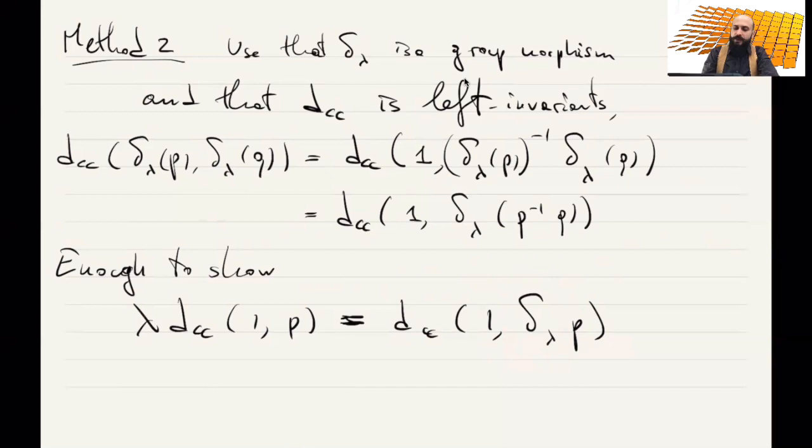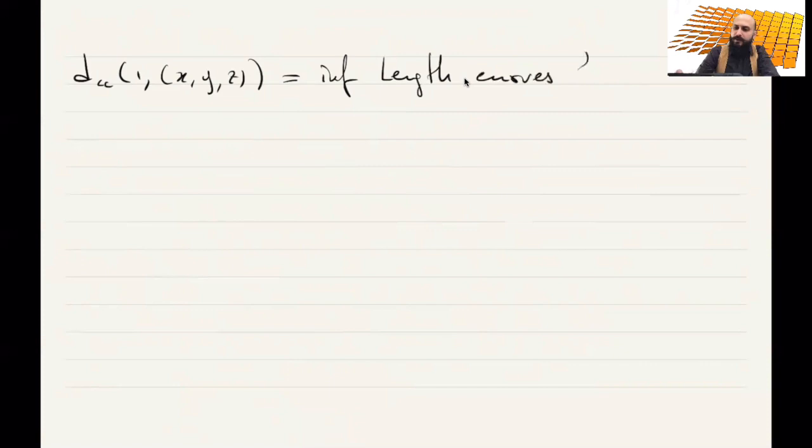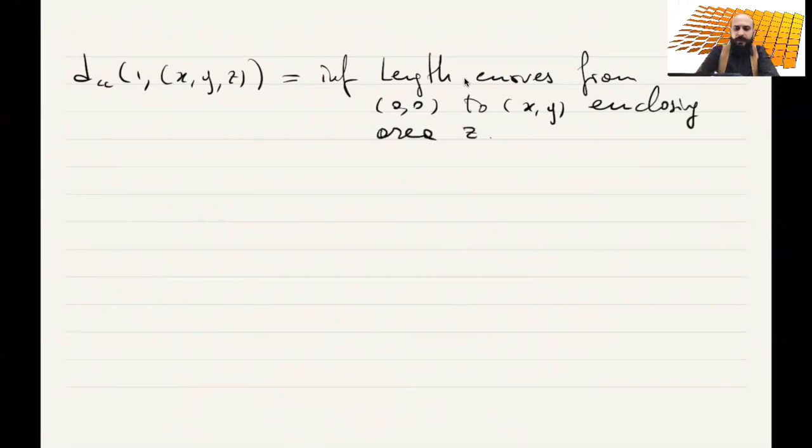When we have to infimize the distance between 1 and P, if P is of the form x, y, z, we are considering all curves that go from 0 to x, y and enclose area z. So D of 1 and x, y, z is equal to the infimum of the length of curves from 0, 0 to x, y enclosing area z.